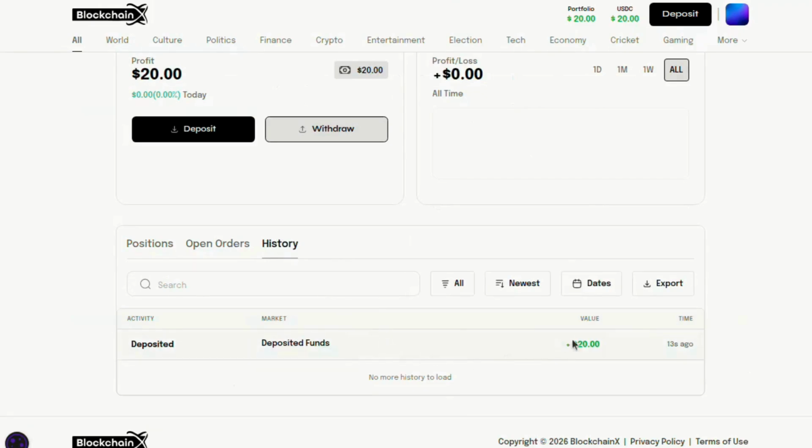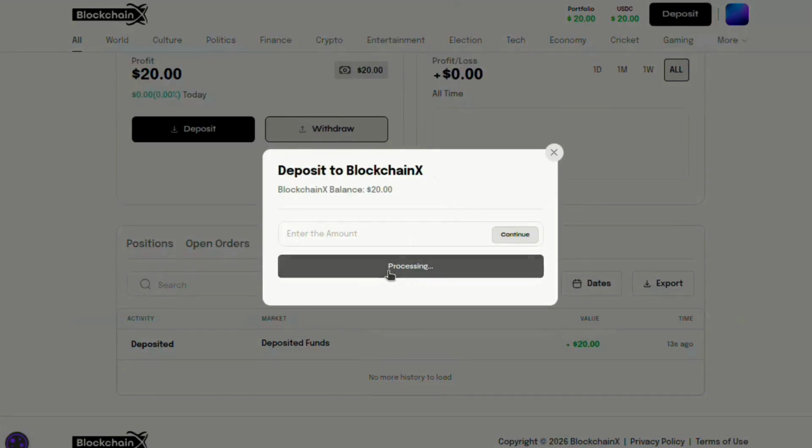The user can also purchase USDC using Transact and deposit it into their wallet address.